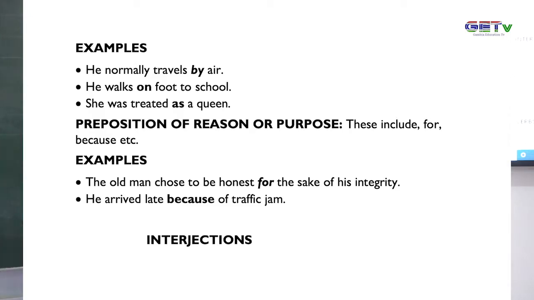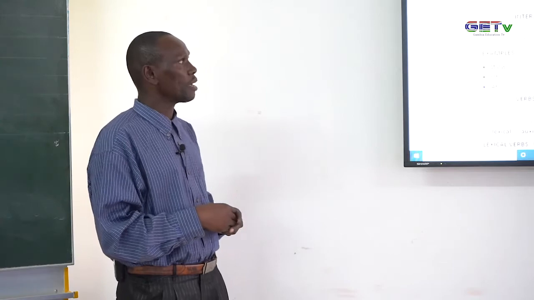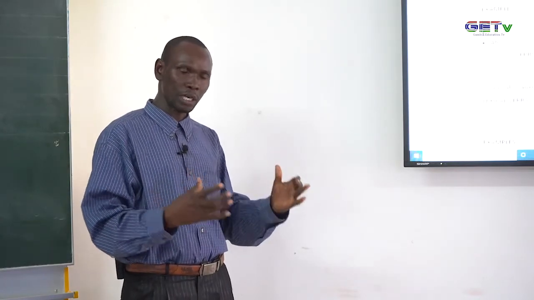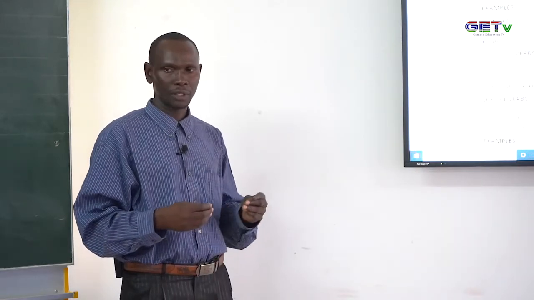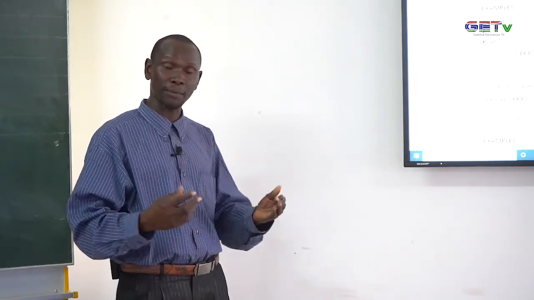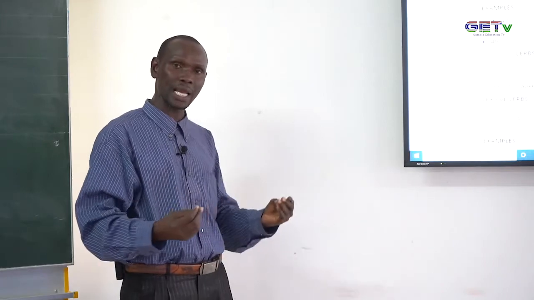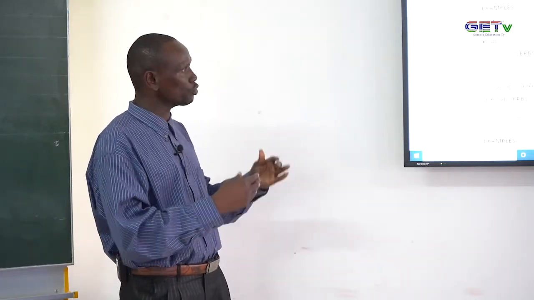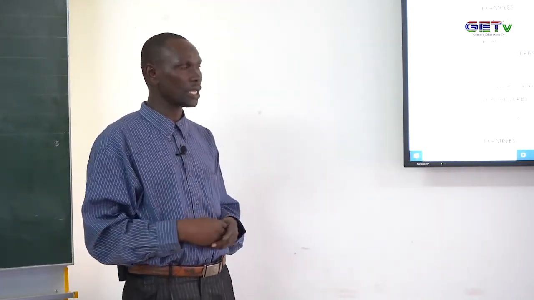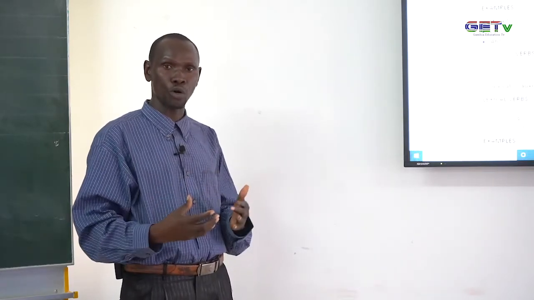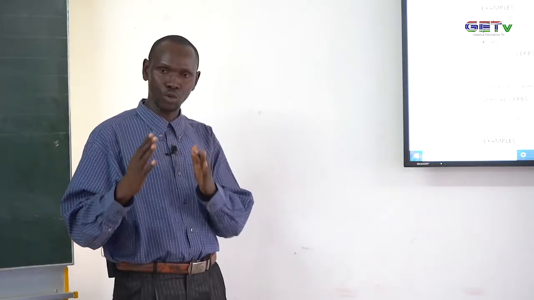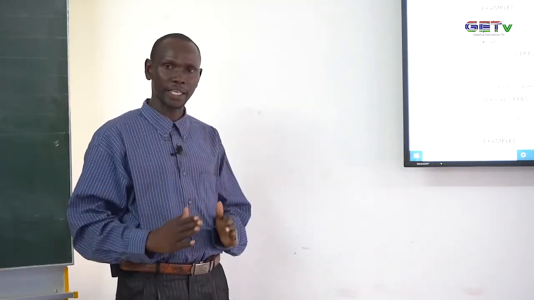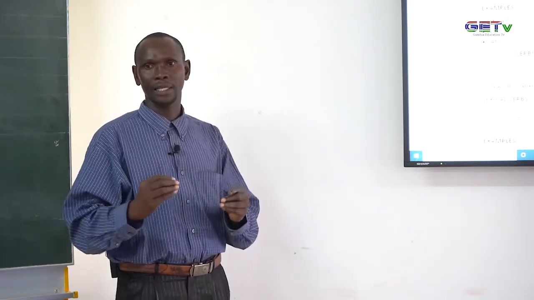Then this will bring us to the end of prepositions. We talked about two main types of prepositions. We have simple prepositions, or common prepositions. In other words, they are one-word prepositions. We also talked about compound prepositions. These are two or more words acting as a unit, but functionally, all they do is to show relationship between their subjects and other words in the sentence.